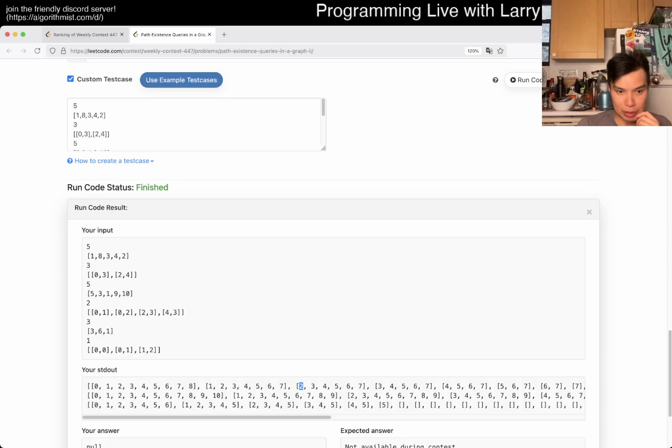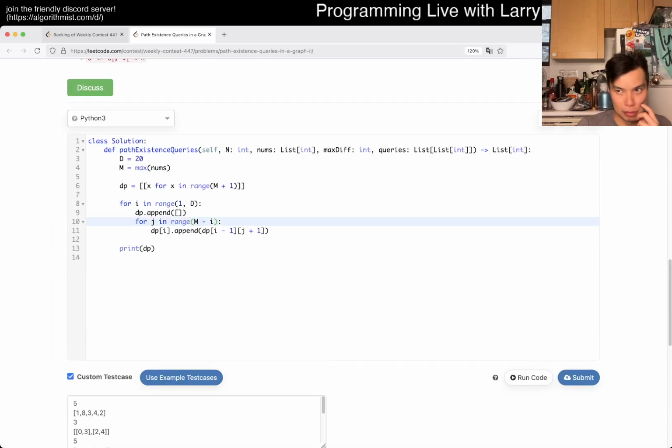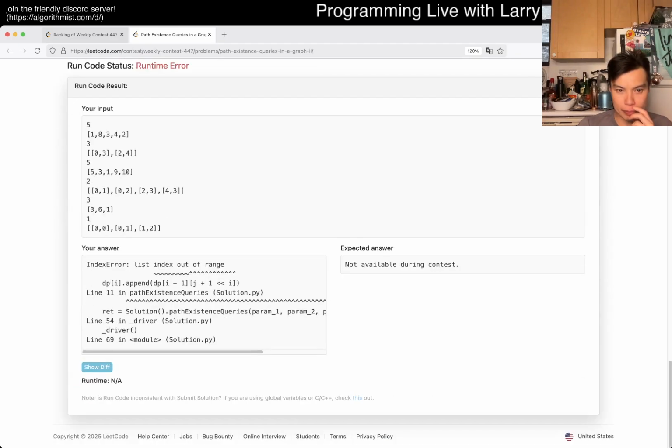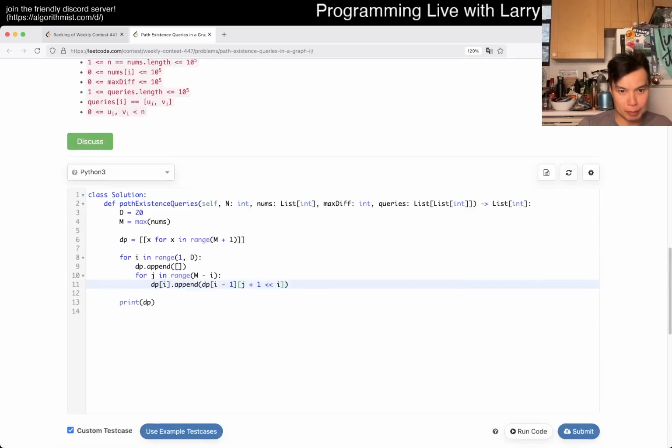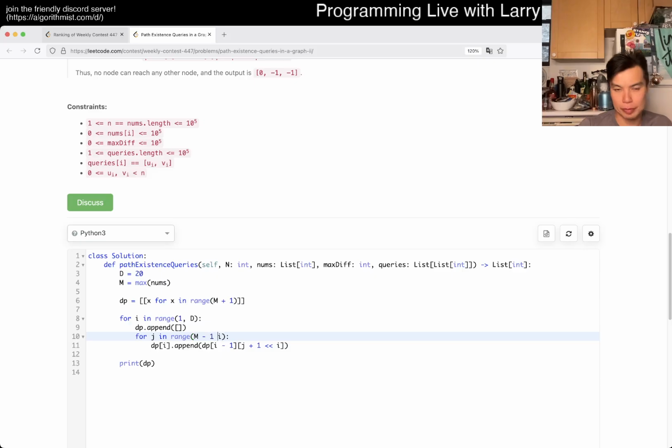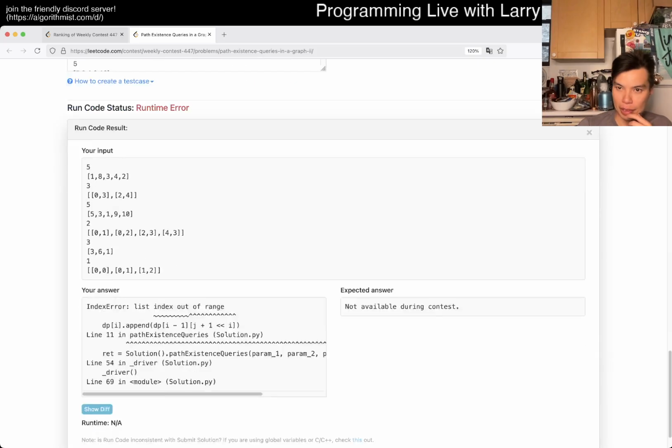This should be the answer for the first four, which we can do by sliding window anyway. But yeah, I mean that's fine. It's awkward, but fine, I think.